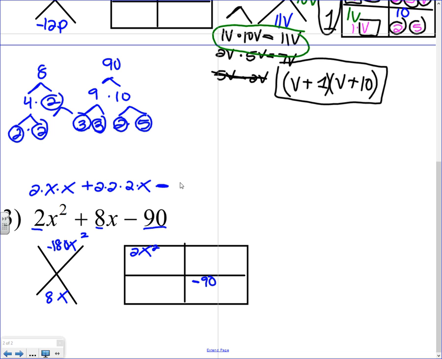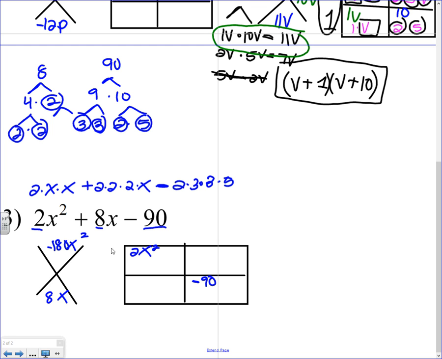I'm going to write 2, and there's only one 2. And there are two 3s, 3 times 3. And then I have multiplied by 5.